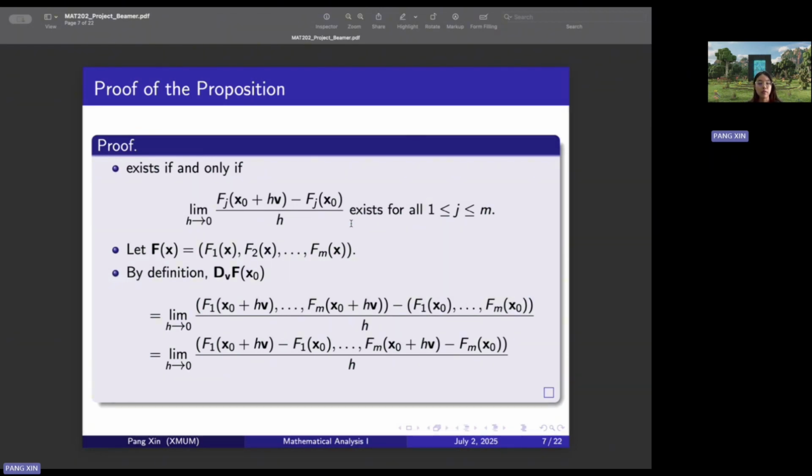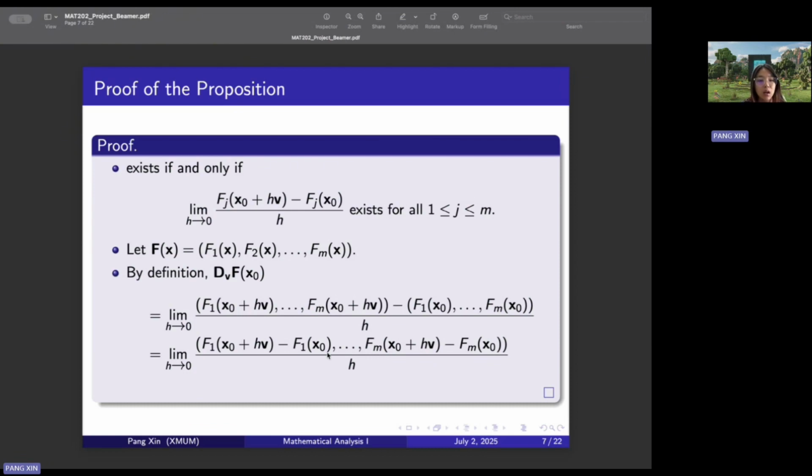Secondly, we need to prove that the directional derivative of a vector value function D_v f equals (D_v f1, D_v f2, ..., D_v fm). We first let f(x) equal (f1(x), f2(x), ..., fm(x)). Then by definition, we can write the vector value function in this form.